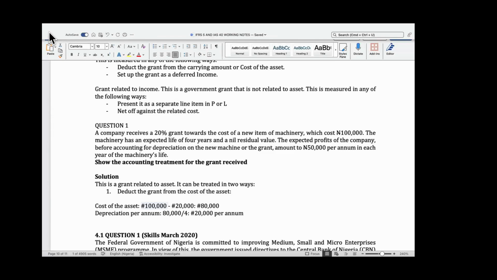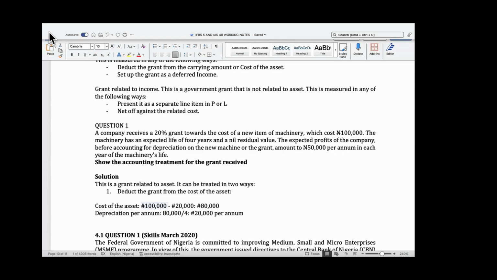Let me try, sir. Since the grant has been received, the bank will be debited with 20,000. The grant account will be credited with 20,000. Then to remove that grant from our book, the grant will also go to the assets as credit to reduce the value of that asset to 80,000.